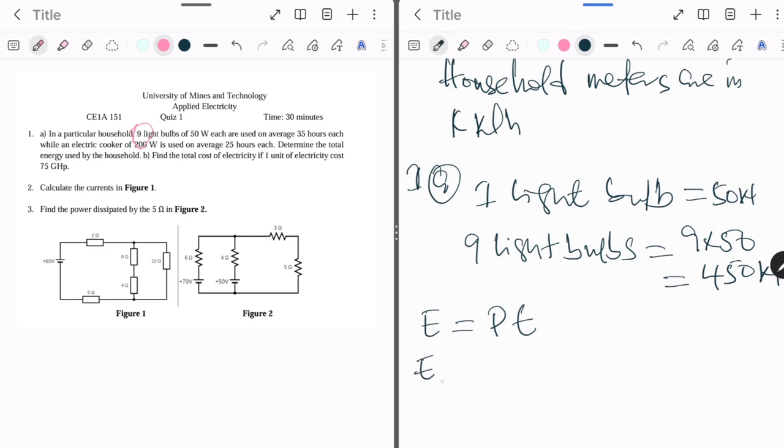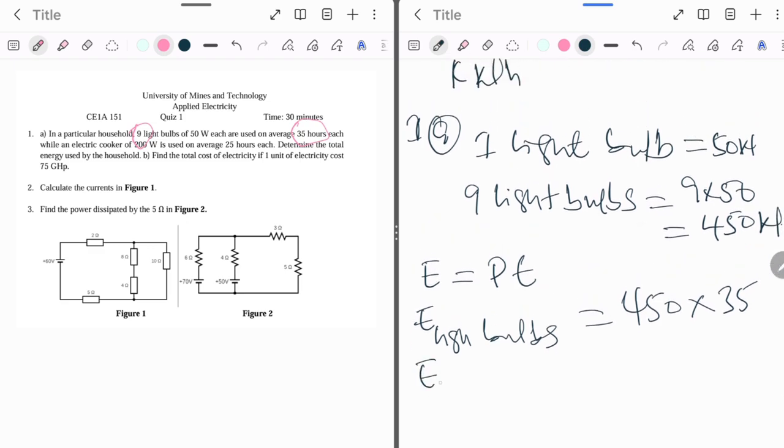With this, I can now calculate the energy consumed by the 9 light bulbs. Each of these light bulbs is used on average 35 hours. So I can just multiply the power, which is 450 watts, times the time, which is 35 hours.